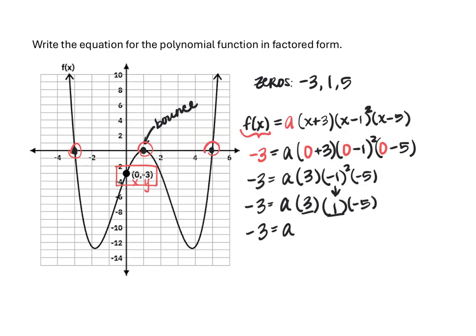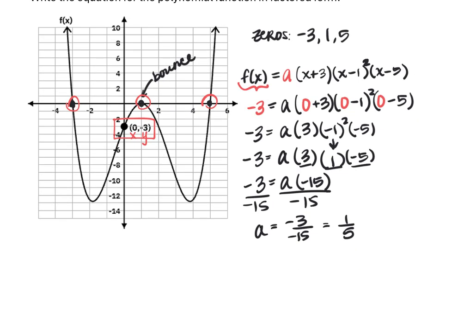So 3 times 1 is 3, times -5 is -15, and then dividing by -15 lets us solve for a. So a is -3 divided by -15, which simplifies to 1/5.